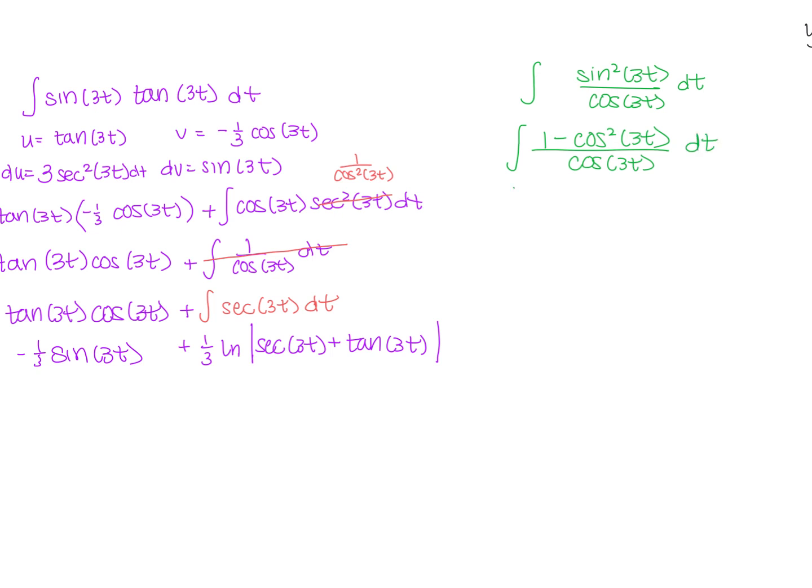And then I'm going to separate this integral. So this would be the integral of 1 over the cosine of 3t minus the integral of cosine of 3t dt.